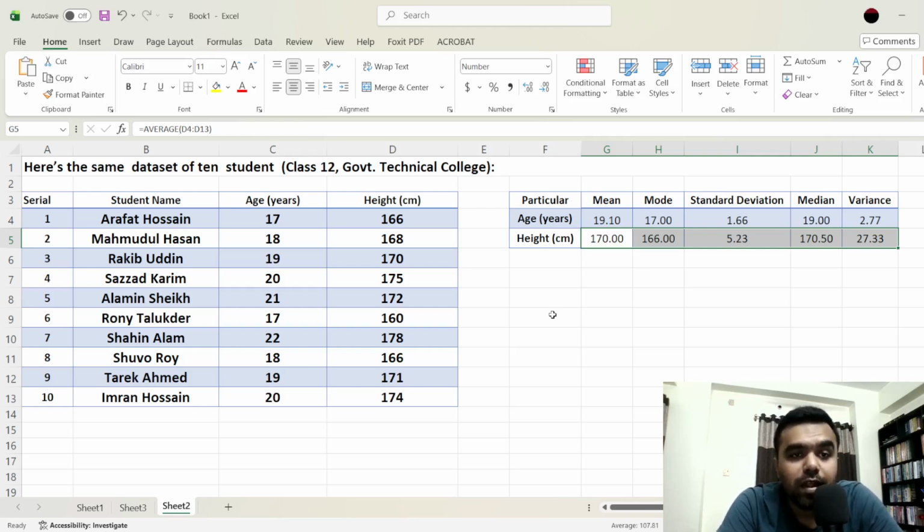Can we know if this data set is statistically significant, or can we predict from the regression analysis the age of any student? Is there any correlation between the age and height of the students?